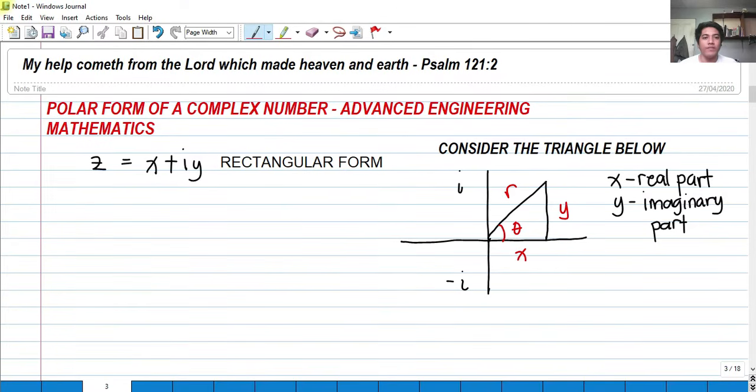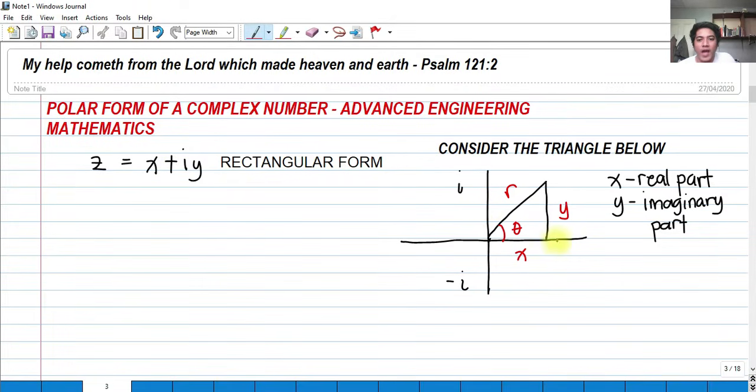So how do we get the polar form of a complex number from the rectangular form? If we consider this triangle below in an Argand diagram, we have the x-axis as the real part of our complex number, and we have y as the imaginary part.